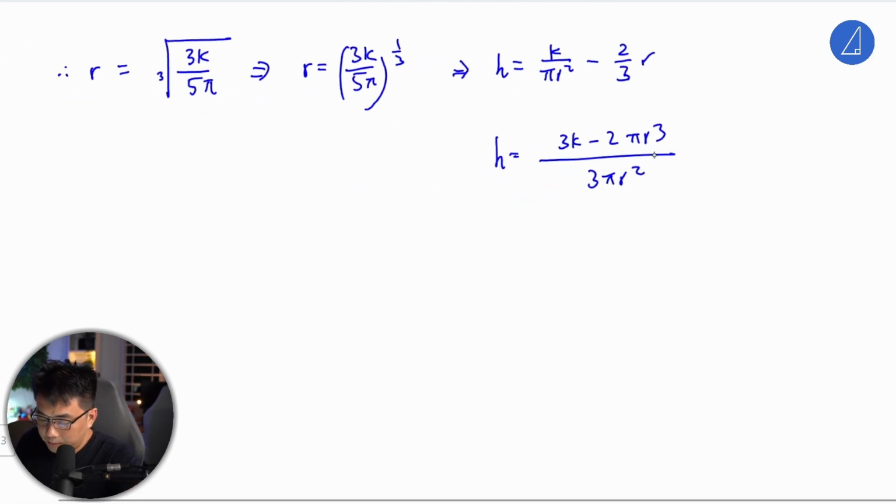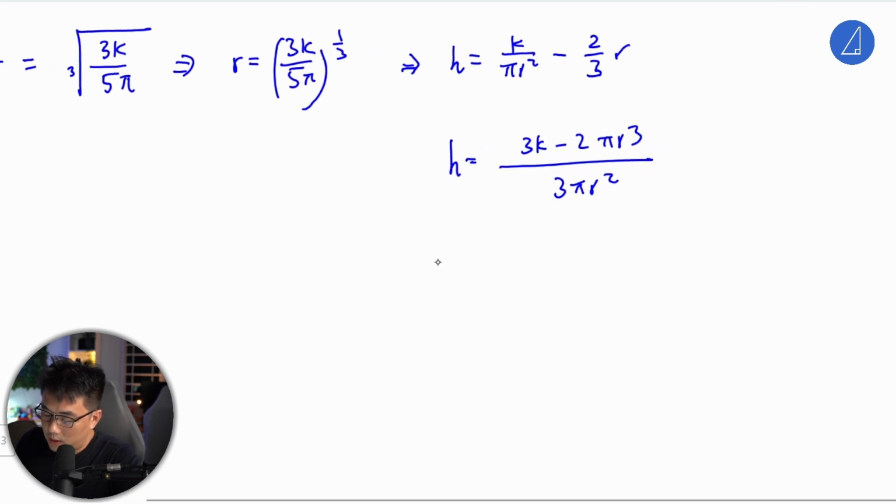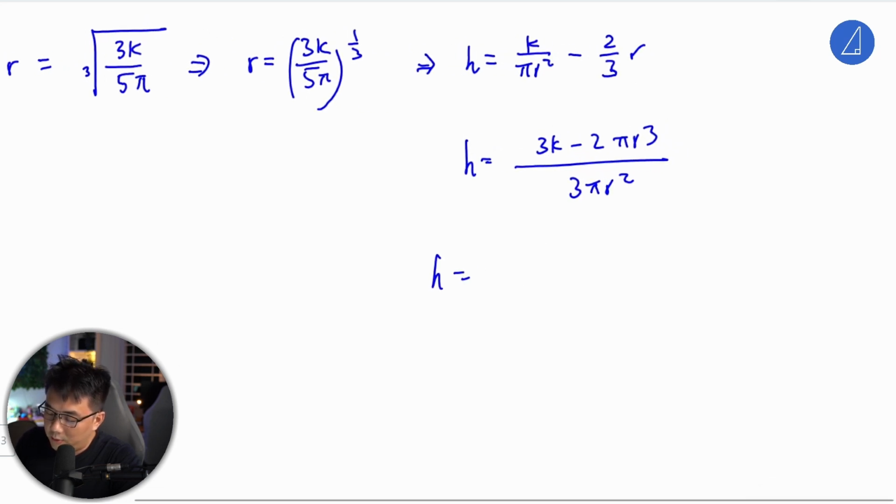Then r cubed will be easier because then we know that r cubed is 3k over 5 pi. So h equals to 3k, we just make it a single fraction. Right, then this is 3k minus 2 pi times 3k over 5 pi.